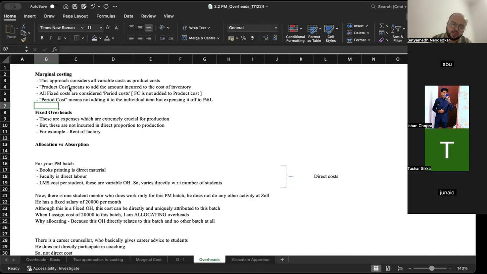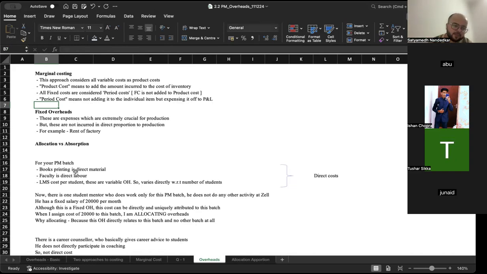That is the marginal costing approach. Fixed overheads are again crucial for production, but they are not incurred in direct proportion to production. And we saw rent of factory as one of the examples.